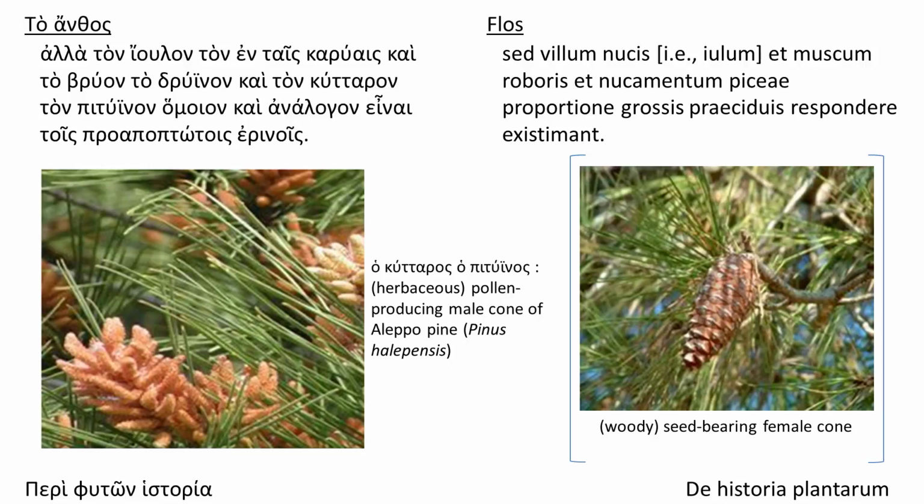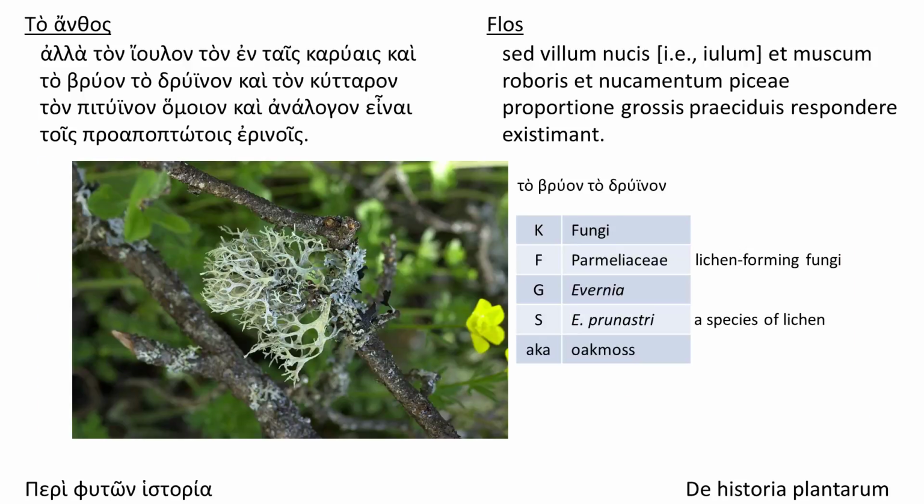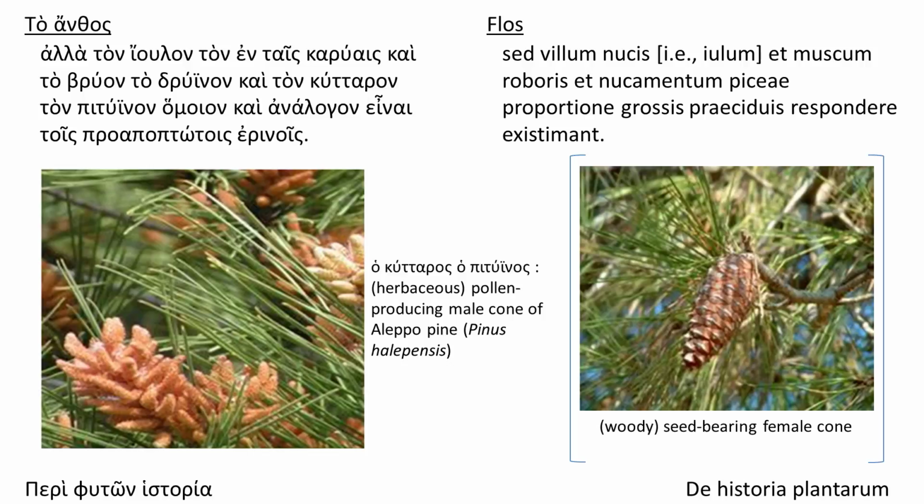But they think that the catkin in the nuts, the moss in the oak, the flowering tuft in the pine, resemble and correspond to the wild flowerless figs that drop off prematurely. Sed willum nucis vel iulum, et muscum roboris, et nucamentum piccae proportione grossis praeciduis respondere existimant.